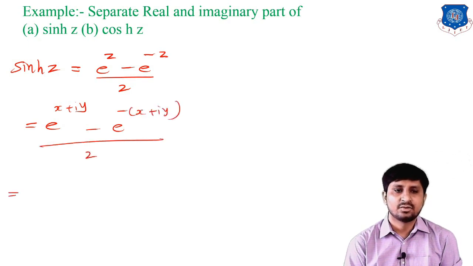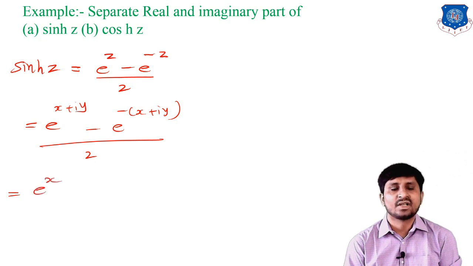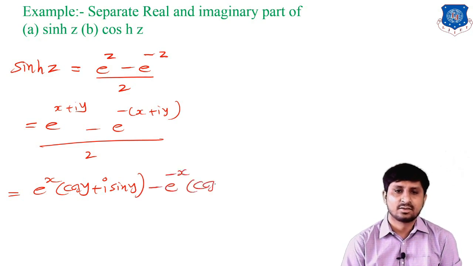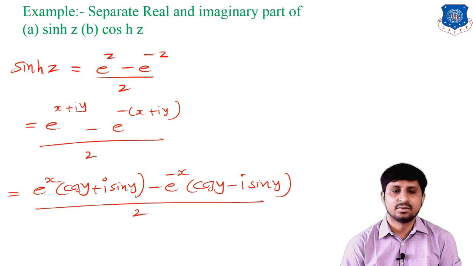So e raised to x into e raised to iy, that can be written as cos y plus i sin y, and minus e raised to minus x into cos y minus i sin y, divided by 2.